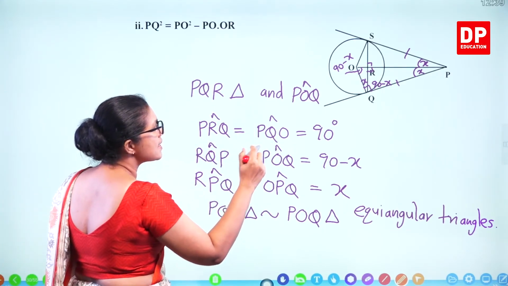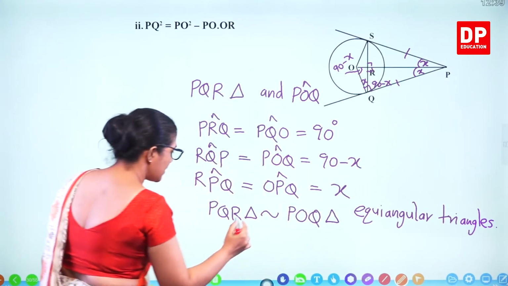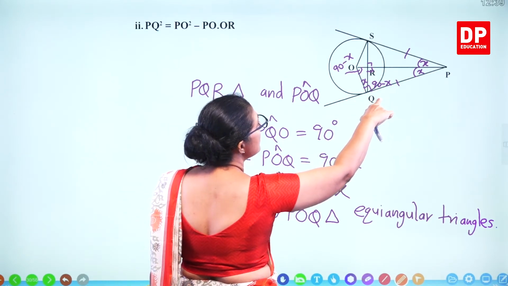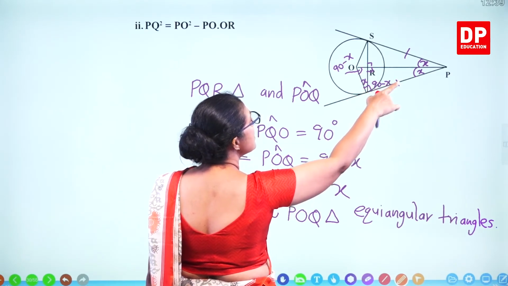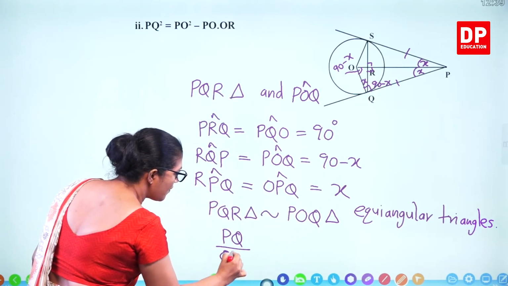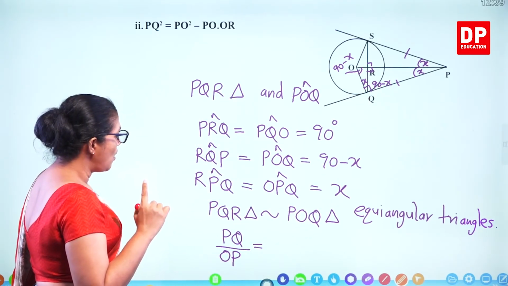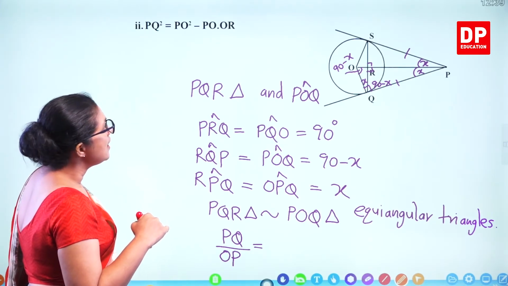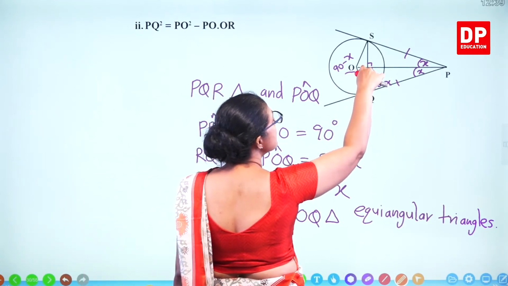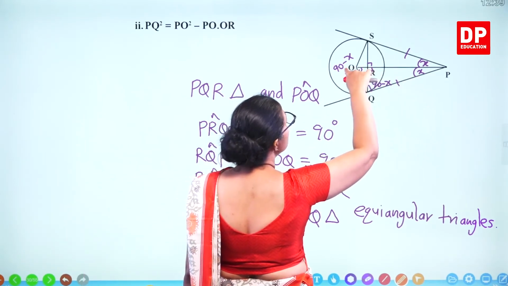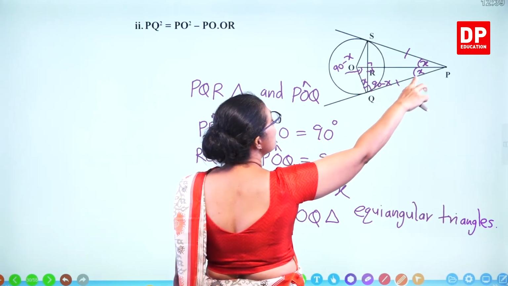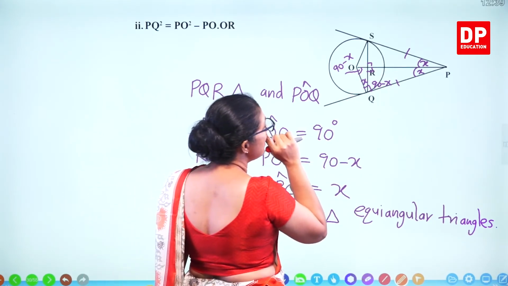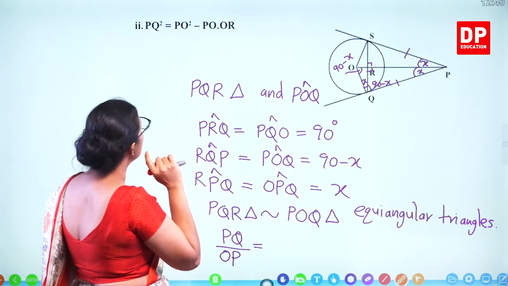PQ is opposite to 90 degrees. So from this triangle, opposite of this 90 is OP. The ratios between triangles are equal. PQ over OP is the same as, we need OR, opposite to 90. And we need another length. Which side can we take?